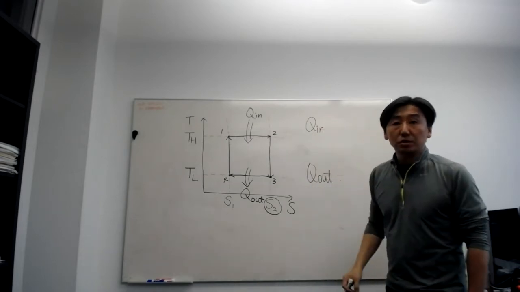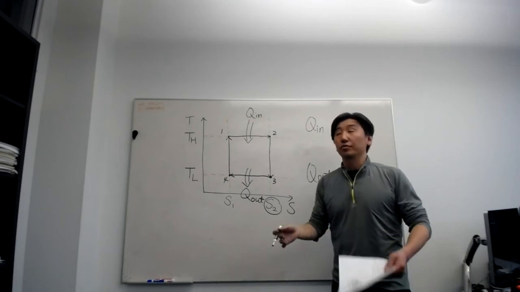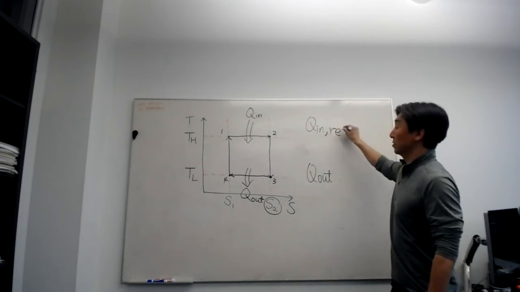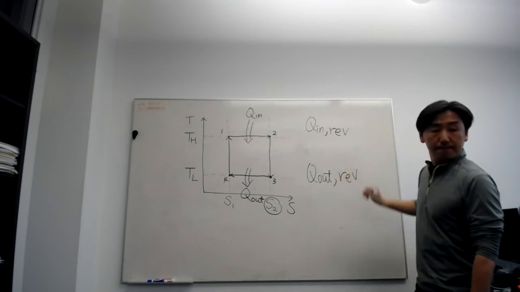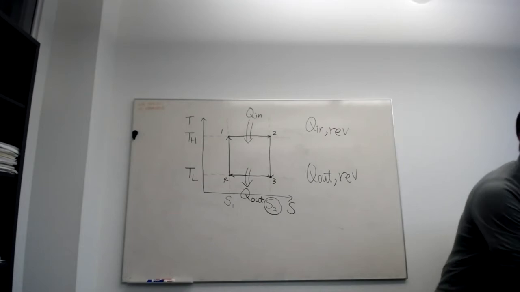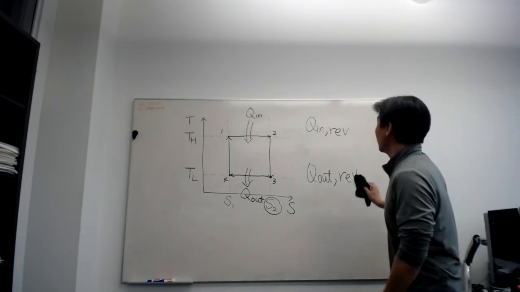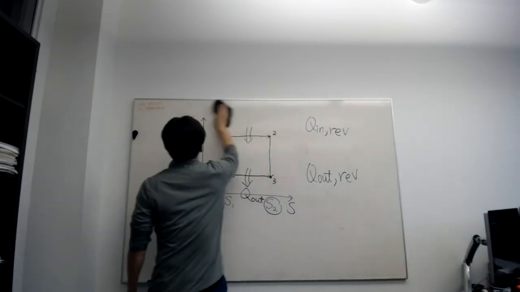In order to calculate this Q in and Q out, which are reversible, those reversible Q in and out can be calculated by the second law of thermodynamics.